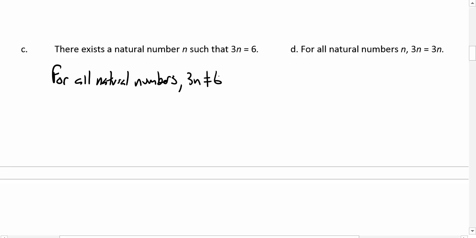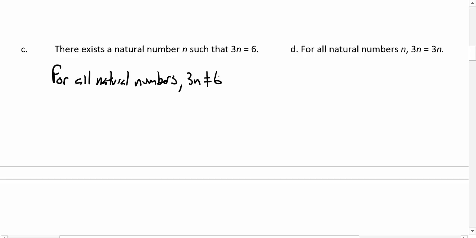Okay, so for the next statement, for all natural numbers n, 3n equals 3n. Now, you and I both know that makes sense, right? But that's not the point. We're looking at how do I negate the phrase for all, and how do I negate the 3n equals 3n? So the for all means everything. The opposite of everything would be something, and the opposite of something would be nothing. That makes sense. So there's sort of a ladder system here of how we're trying to oppose these statements.